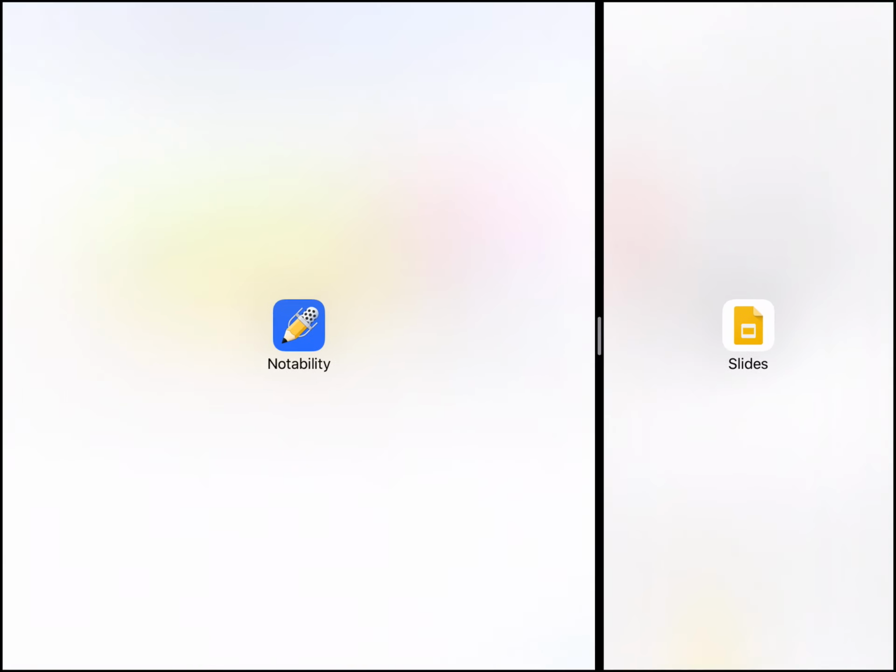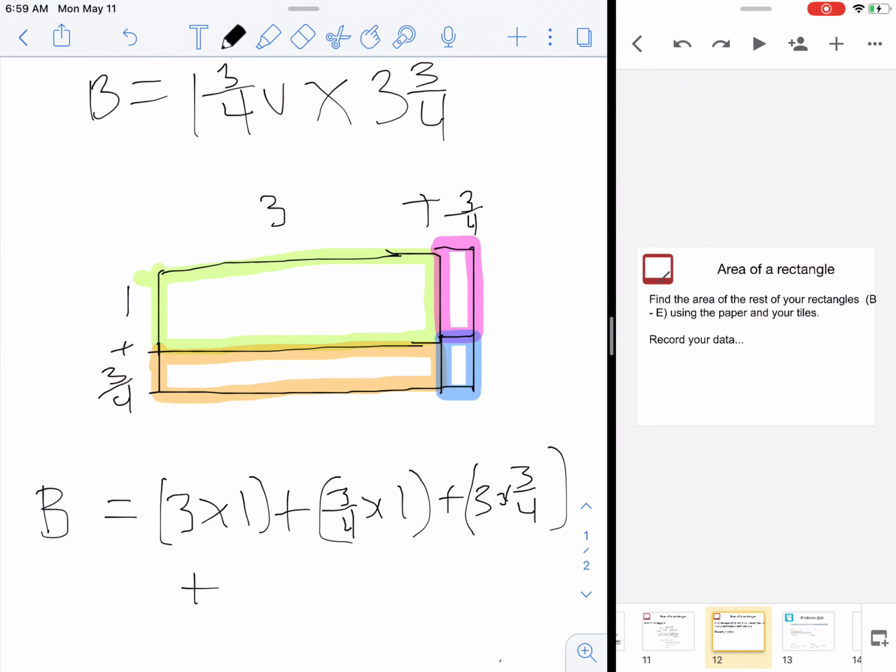I guess I can make this a little bit bigger. There we go. Plus that blue square there, which is 3/4 times 3/4.